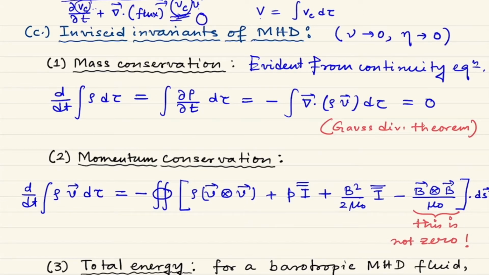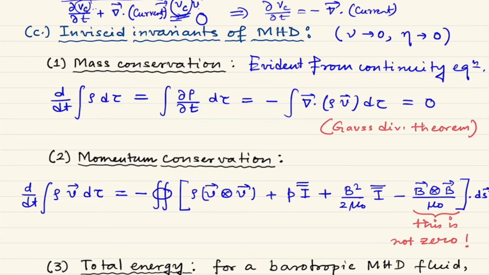In that case, you can simply say that del Vc del t will be equal to minus the divergence of that current. I am writing current instead of flux, because flux can be misleading.